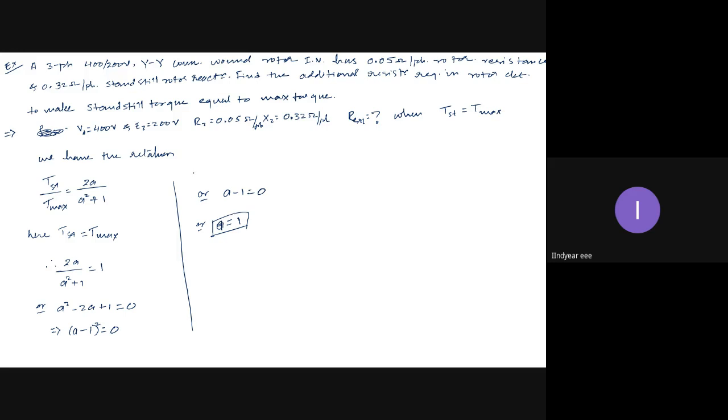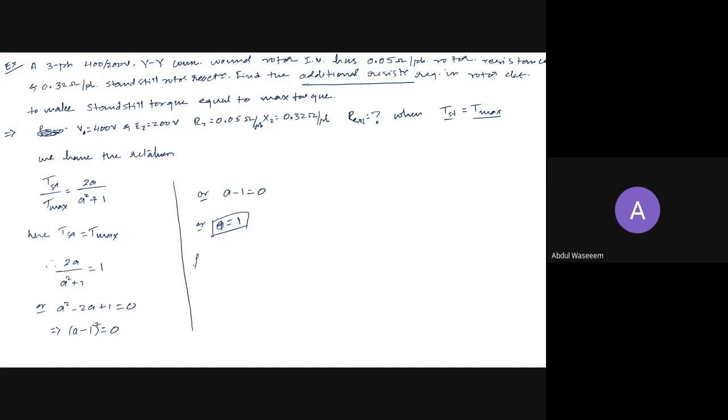Now, what is a? R2 by X2. It is not only R2 by X2 now. There is some external resistance added in the rotor circuit. Now I want the starting torque to be equal to maximum torque. What is the condition for maximum torque? R2 should be equal to s into X2, right?